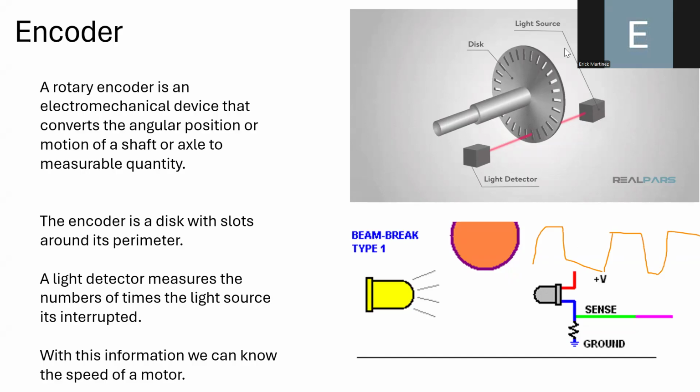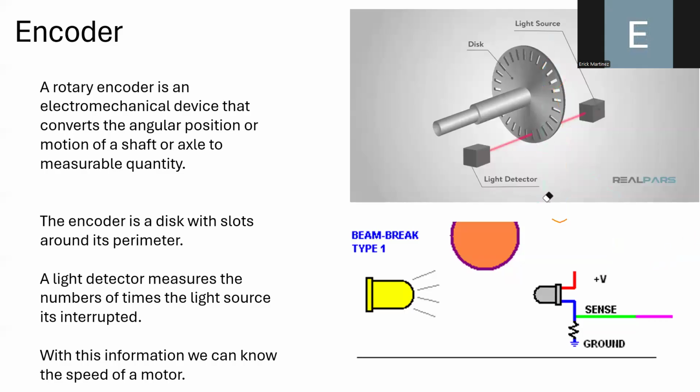Based on that, we can know, for example, how much time has passed for the disk to complete a turn. So we can count pulses in order to know how much time it takes the shaft of the motor to complete a complete turn, okay?